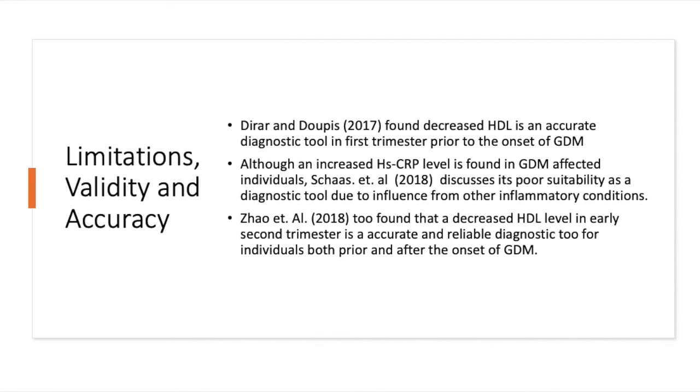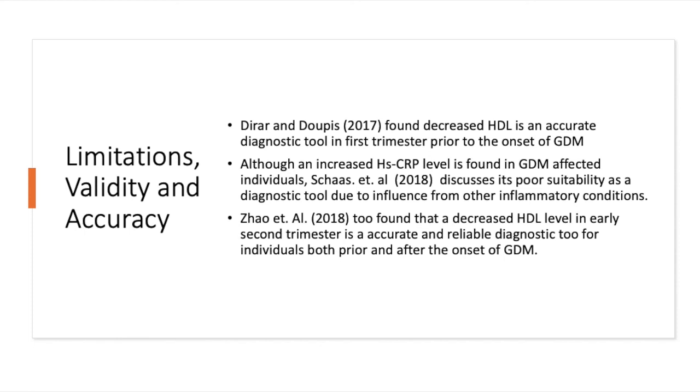Next, Schaus et al. 2018 examines the relationship between hs-CRP increase, and thus the presence of inflammation, and the development of insulin resistance. They found that an increase in hs-CRP in the second and third trimester of pregnancy changes with great reliability during the onset of GDM, however they noted that it only functions well as a diagnostic tool in the absence of any other acute or chronic inflammatory conditions.